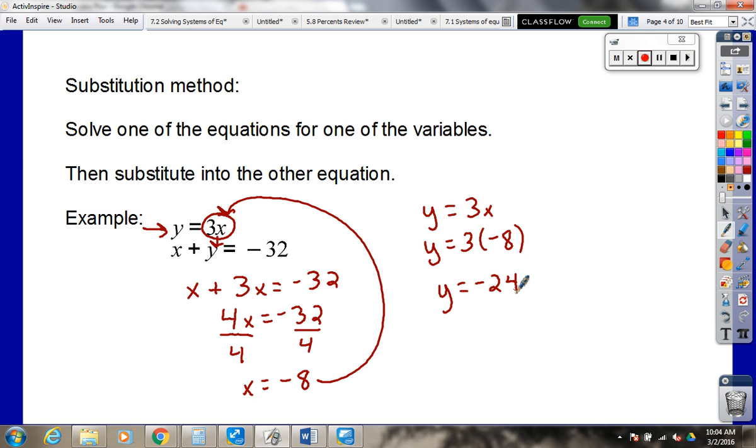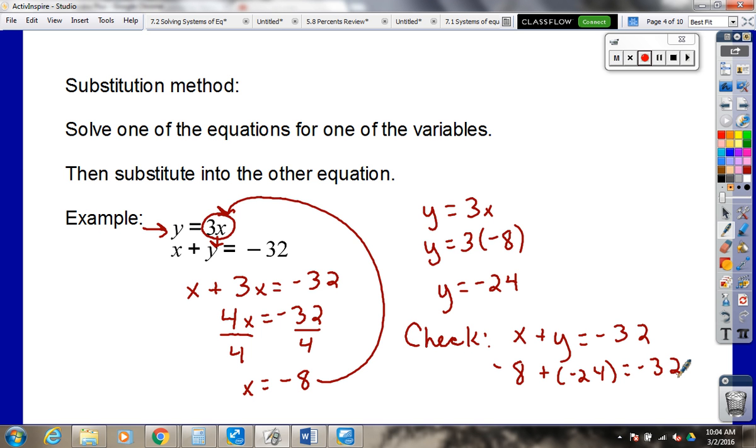Now, you can check these to make sure that you're right, and I highly recommend you do that. So I'm going to check it. This has to be true, that x equals negative 8, y equals negative 24. It has to be true for both equations. We know it's true for this one because we just checked this one, but we don't know yet if it worked for that. So I'm going to write the second equation down, and I'm going to substitute in my x and my y. So x is negative 8, y is negative 24, to make sure that's true.